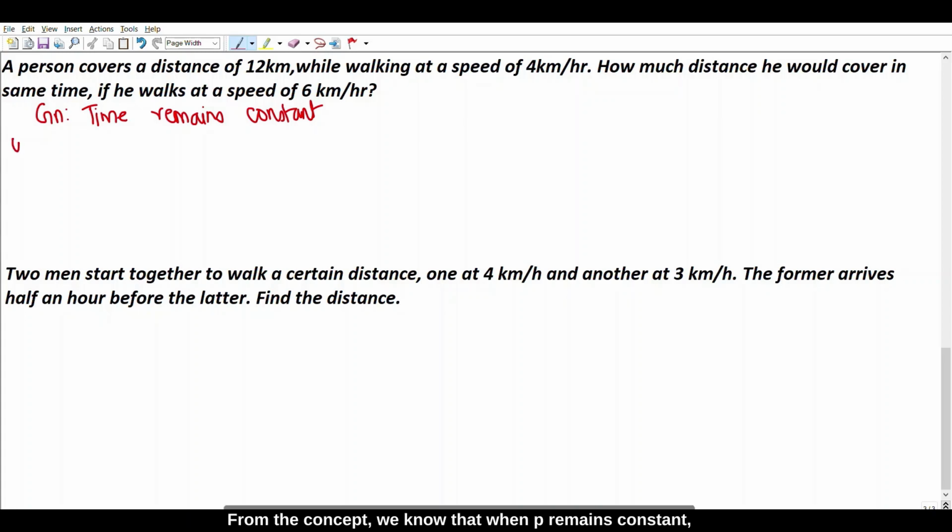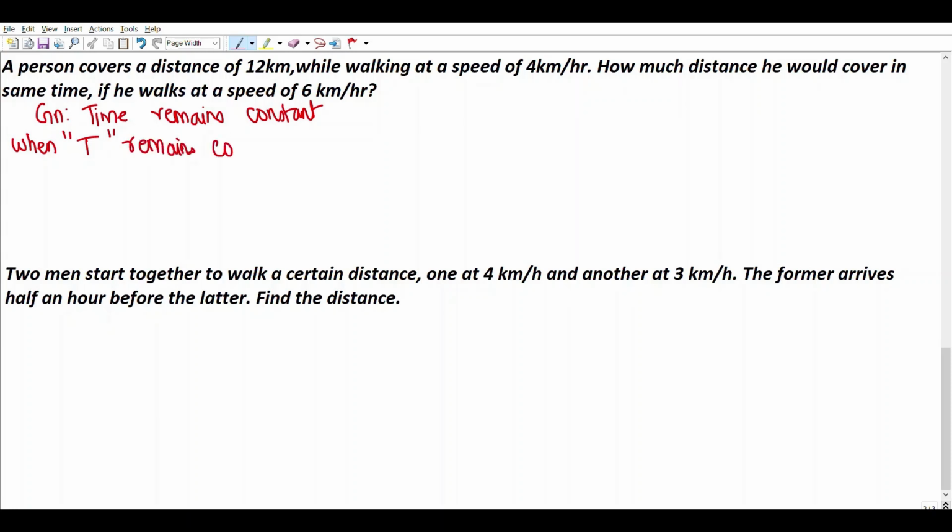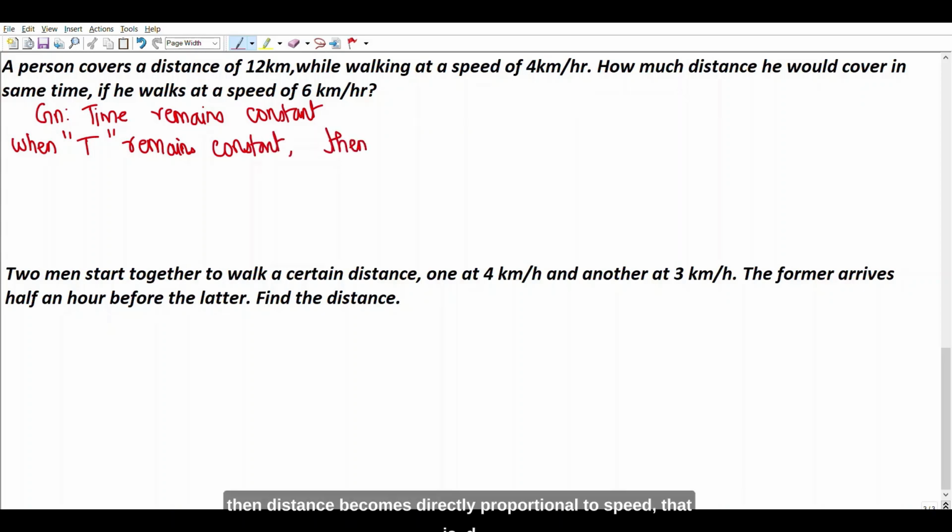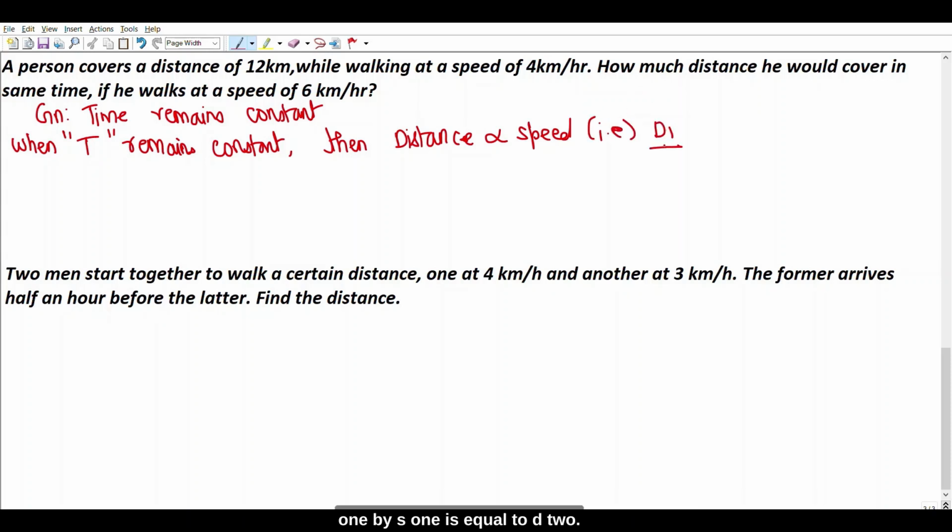From the concept, we know that when t remains constant, then distance becomes directly proportional to speed. That is, d1 by s1 is equal to d2 by s2.